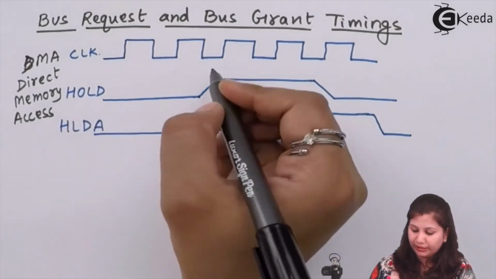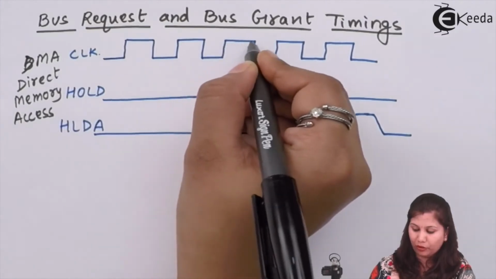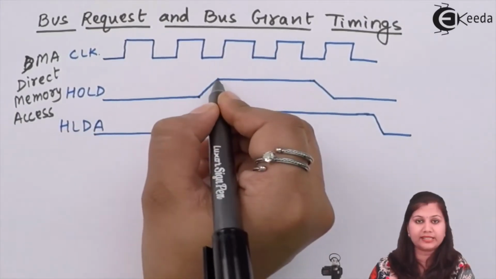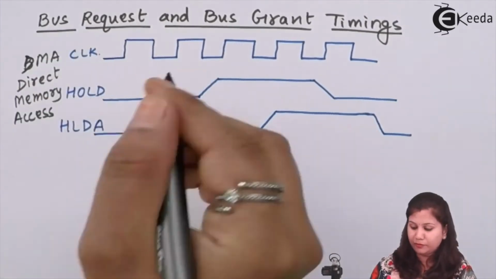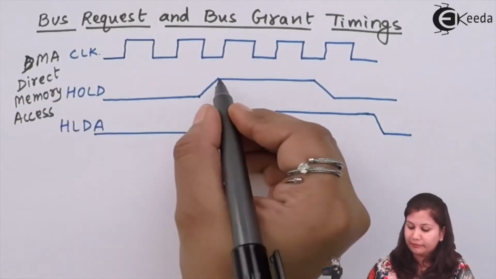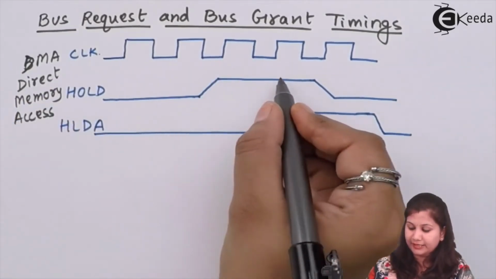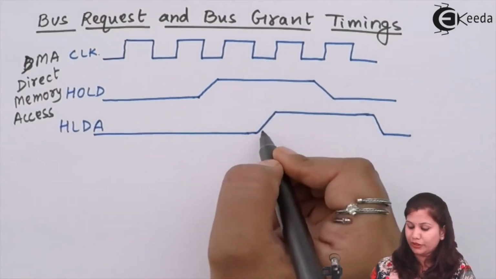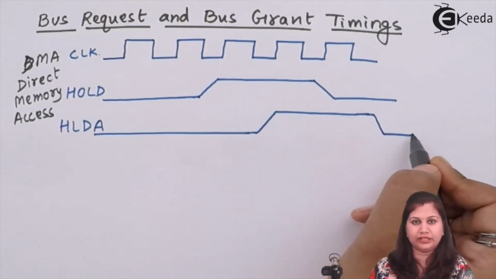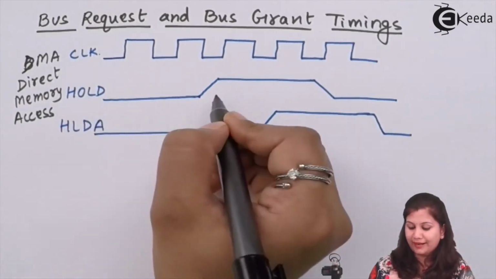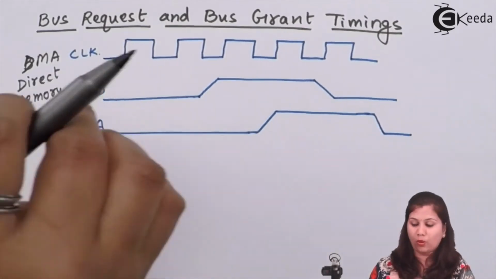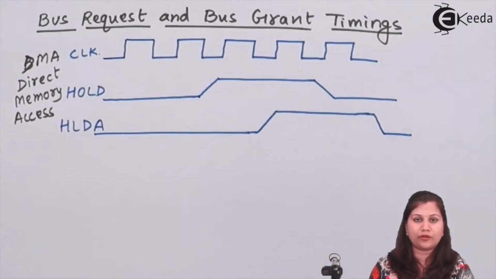Whenever at the leading edge of the clock pulse the hold signal is received by the microprocessor, then at the next clock pulse it is going to give the signal HLDA. Hold means that this DMA controller wants the control of the system buses of the 8086 microprocessor.